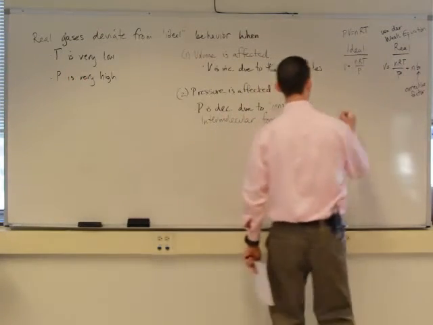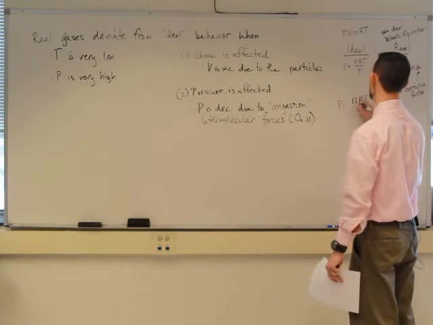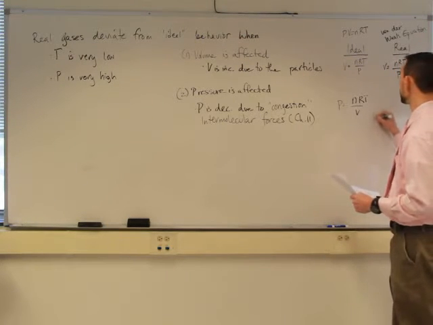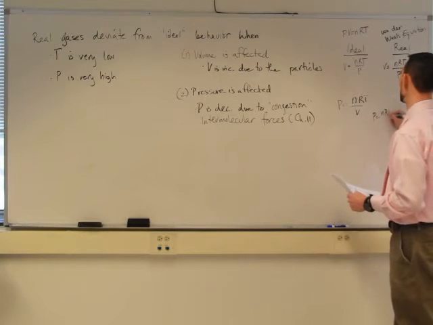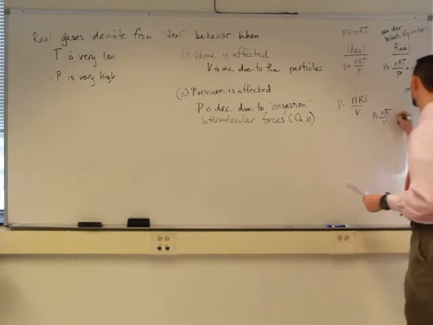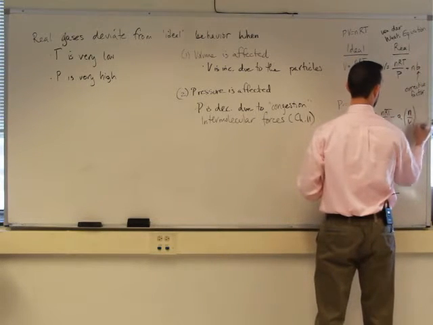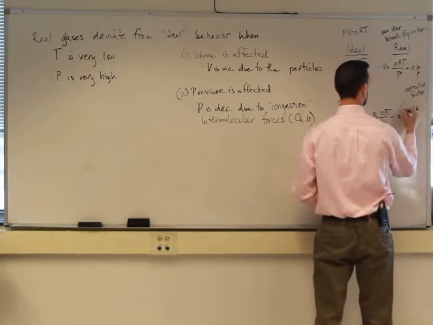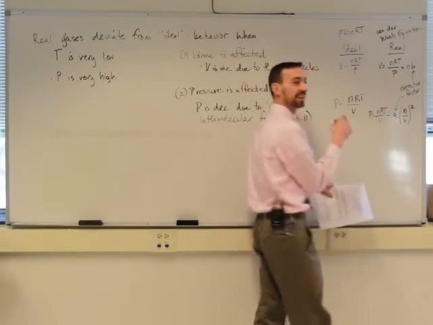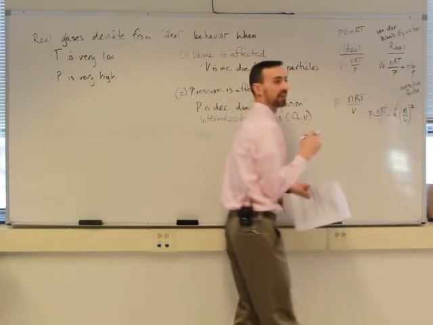Okay? So in the ideal gas law, our pressure would be nRT divided by V. In the van der Waals equation of state, it's nRT divided by V, and again with a corrective factor. We're subtracting A times n squared over V squared. All right, so as I was saying when the video cut off, A is a second corrective factor.